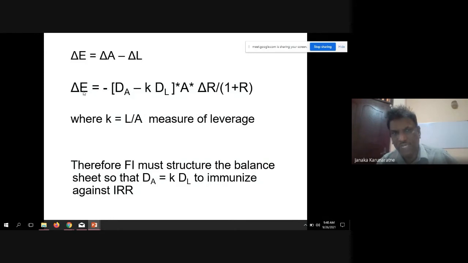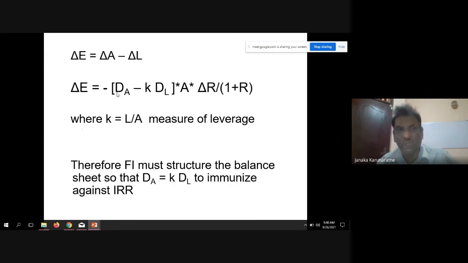Your objective is to minimize the impact on equity. As a result of interest rate rises, what is the problem? It will have an impact on our equity, isn't it? If there are significant interest rate movements against us, finally what could happen? Our equity will decline. That is our problem.